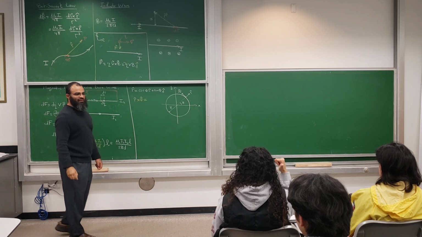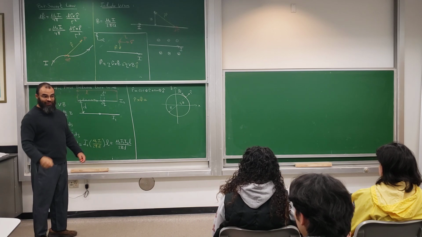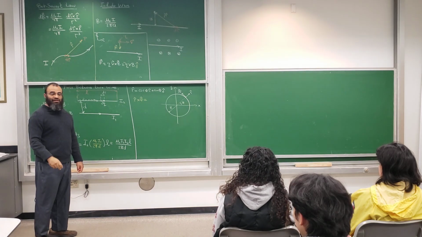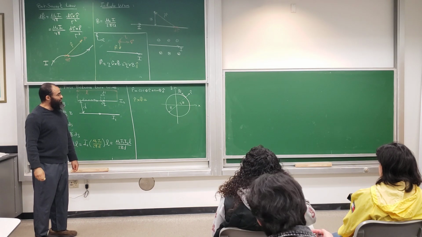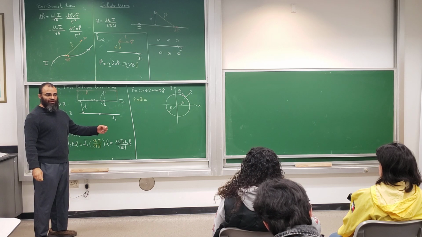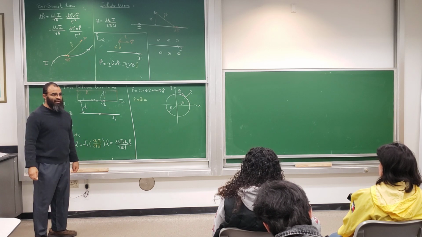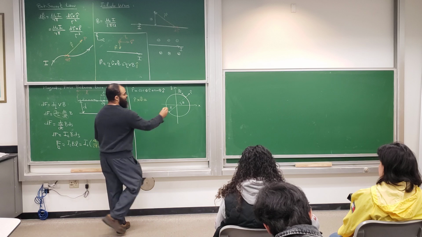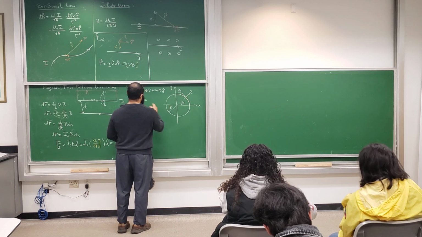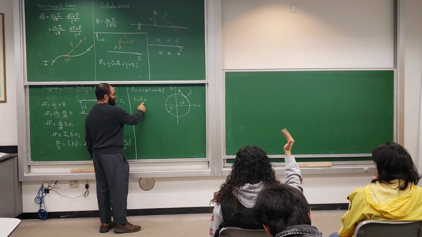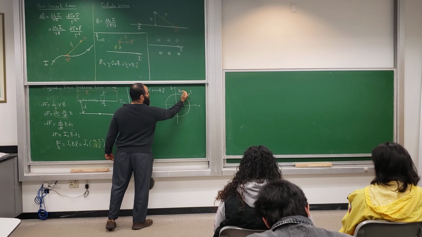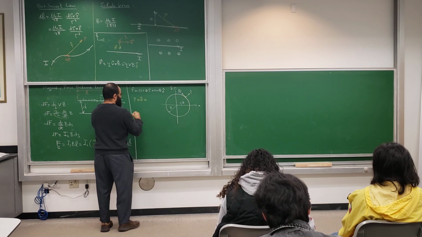What's their cross product? It points that way, right? The cross product of two unit vectors is also a unit vector, and it would point outside. How do you do this again? Direction of r, curl your fingers toward phi, and you get that. Okay, so k hat.